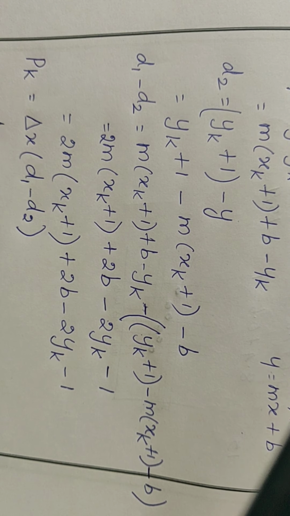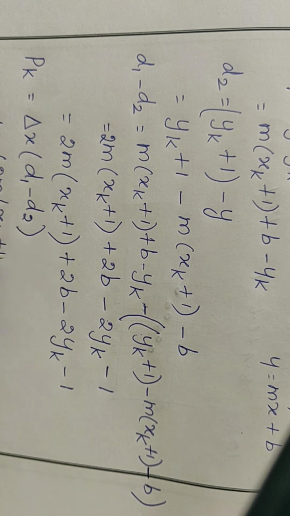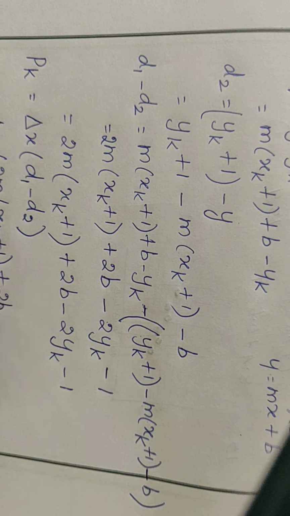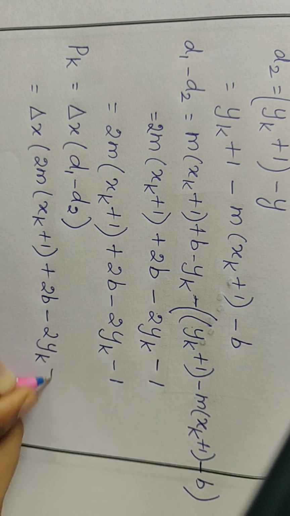Now delta x, you write this 2m of xk plus 1 plus 2b minus 2yk minus 1.